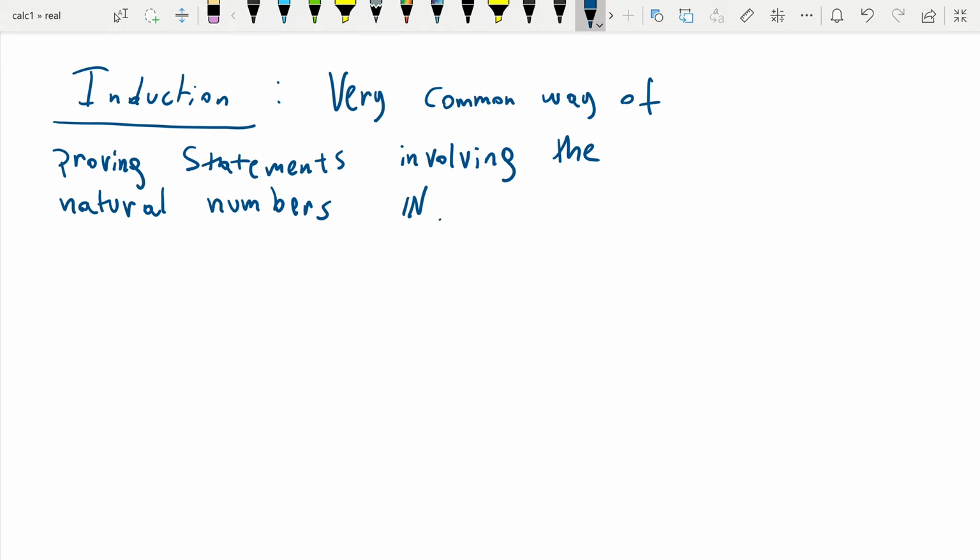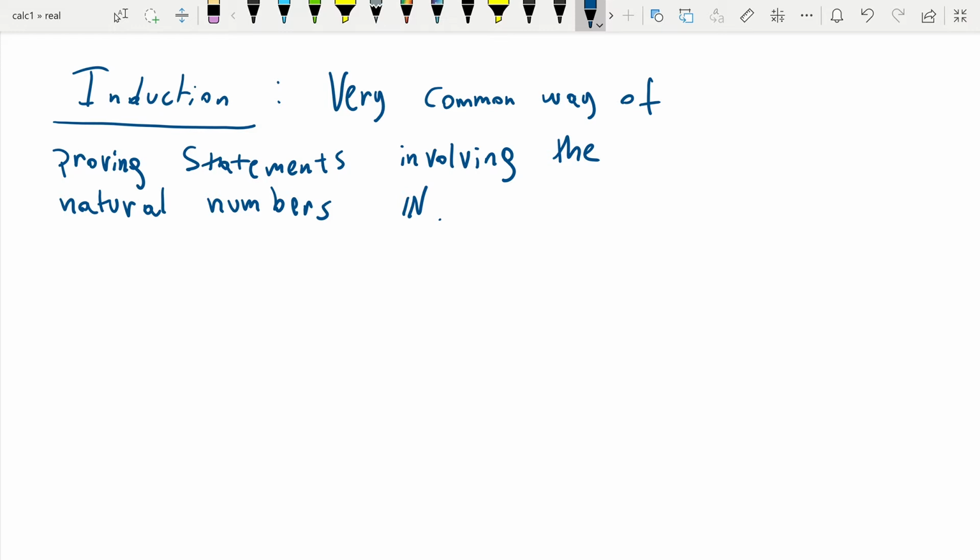So remember when we defined sets before, we talked about what a set was and the ways of presenting a set. One of the ways was to use a proposition, which is the most commonly used one.